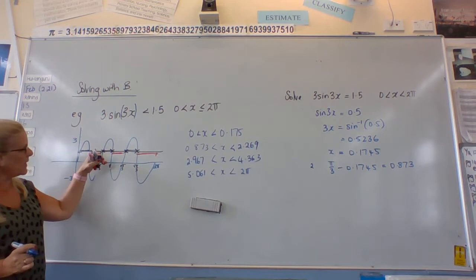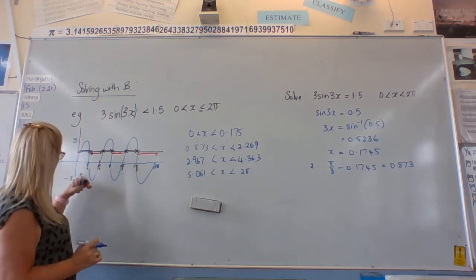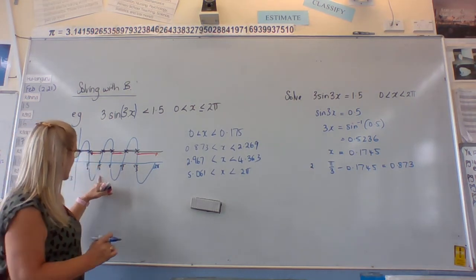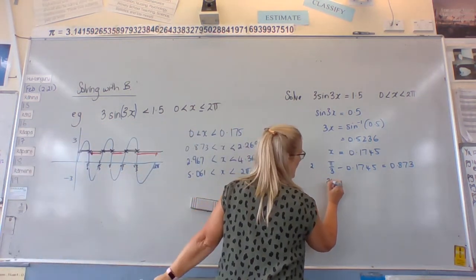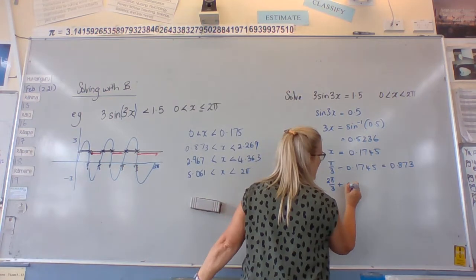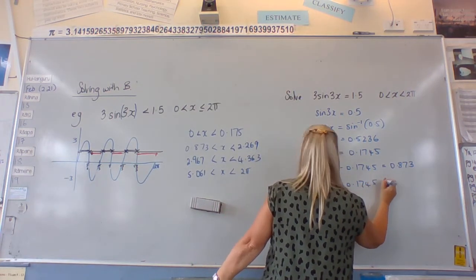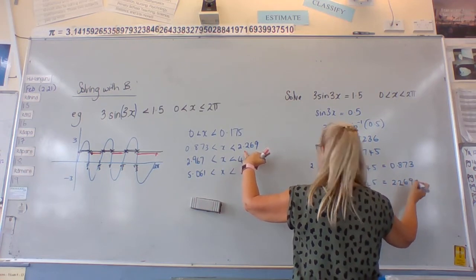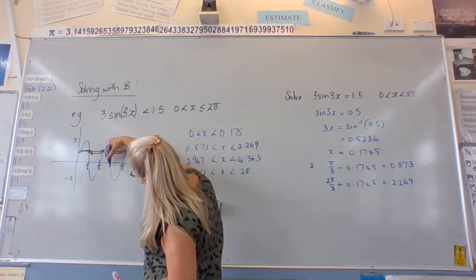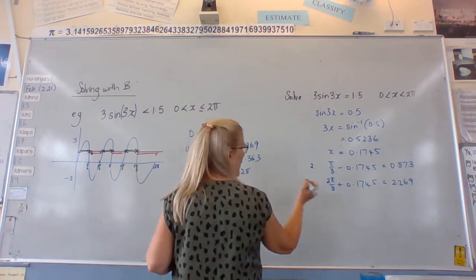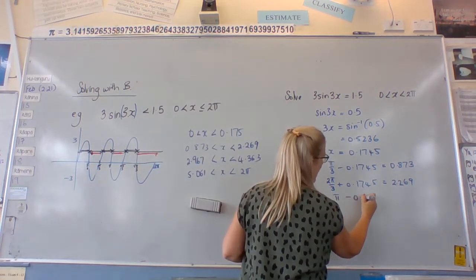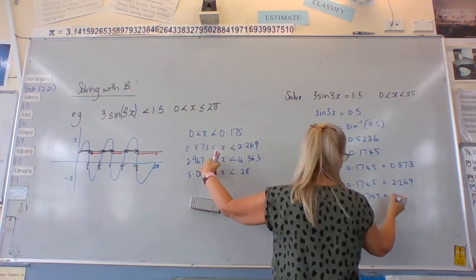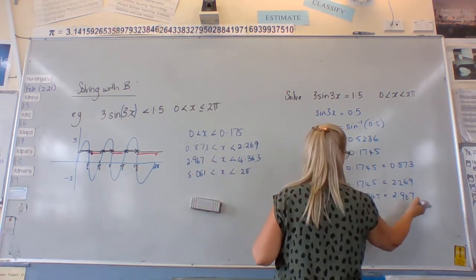So from this one, we're adding on. We found that one, we found that one. We found this one that's adding on, so 2π/3 plus 0.1745. When we put that in our calculator, we'll get 2.269. Then this one will be taking off, so it will be π minus 0.1745 equals 2.967.